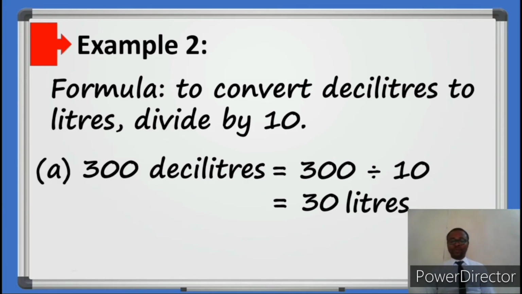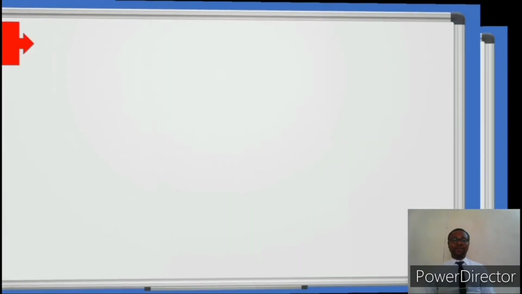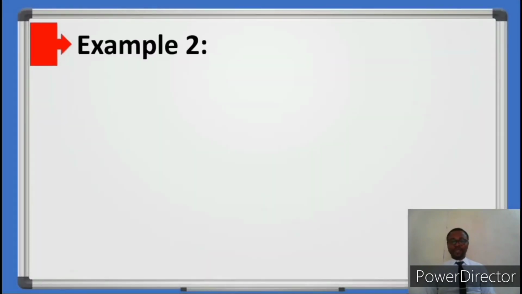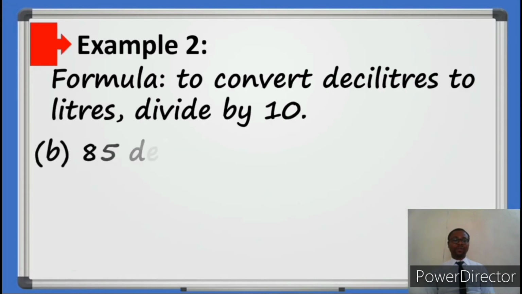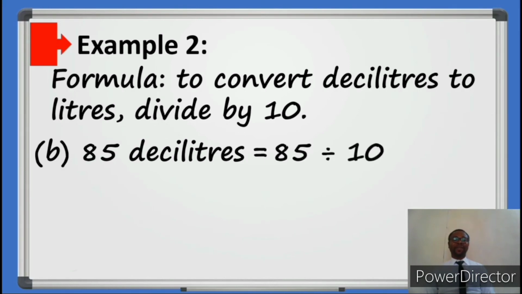Now let's go to the second question, example 2b. We have 85 deciliters. Let's convert it to liters and deciliters. To do that, divide 85 by 10. And what is 85 divided by 10? 85 divided by 10 is equal to 8.5.